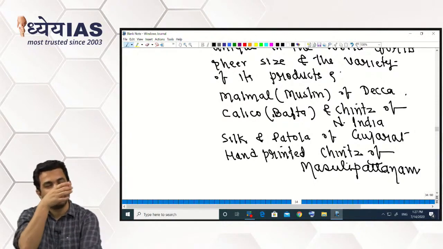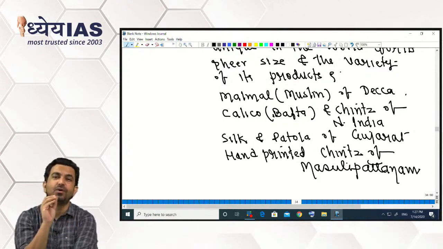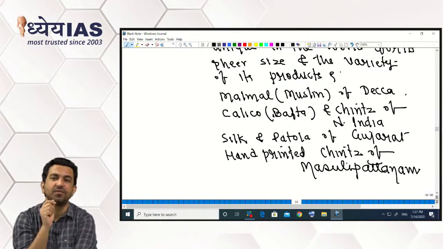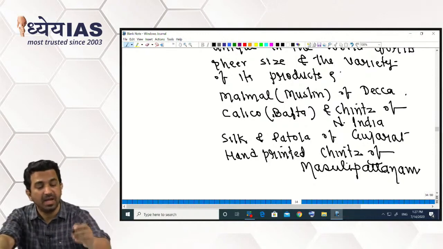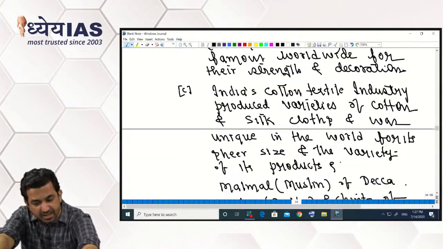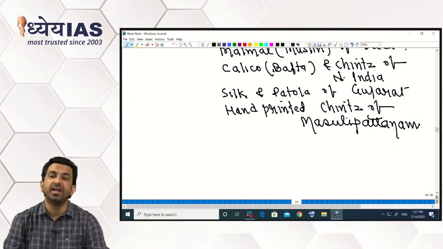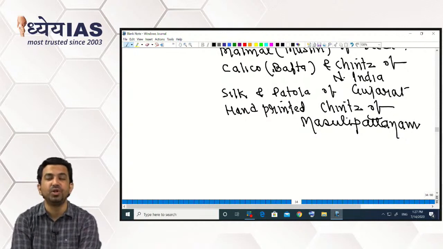And Indian cotton and silk cloths were in great demand because Indian artisans, handicraftsmen and weavers produced a very fine quality of cloths, very soft, very transparent, very fine. And apart from the cotton and silk industry, another expanding sector in India in the 18th century was firearms, guns. Indian handicraftsmen produced varieties of guns.